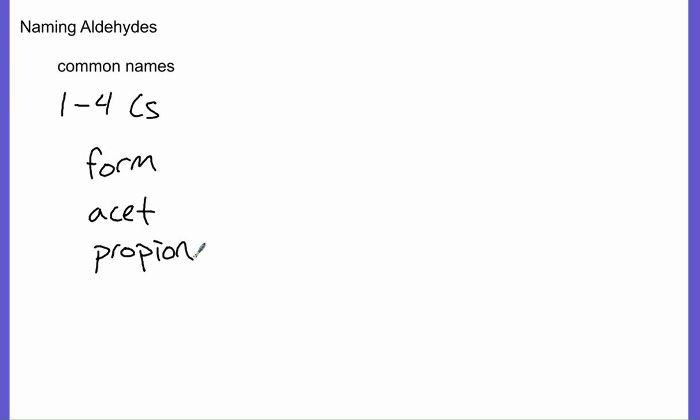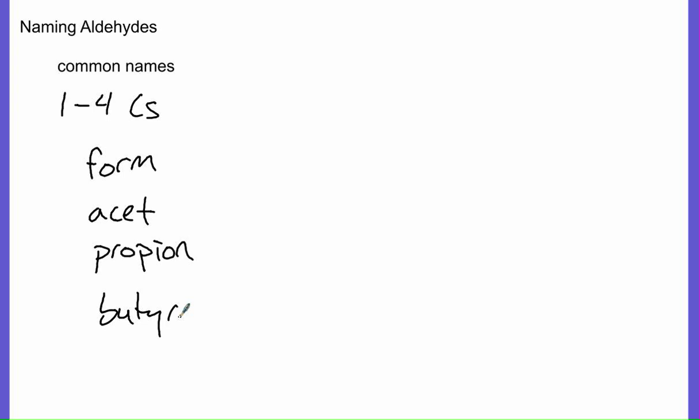Like our prop prefix that we were using before, so that's not too tough. And then finally, 4 carbons is butyr. So butane was our old way of naming 4 carbons, so this really isn't too much different, but it's B-U-T-Y-R. Now I wrote that a little funny, but form, acid, propione, butyr.